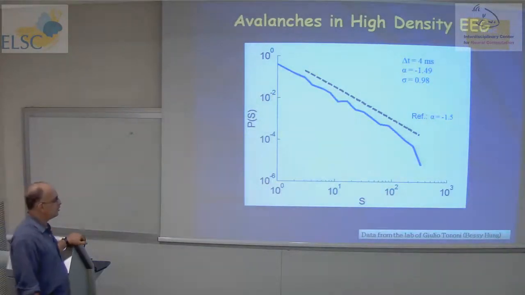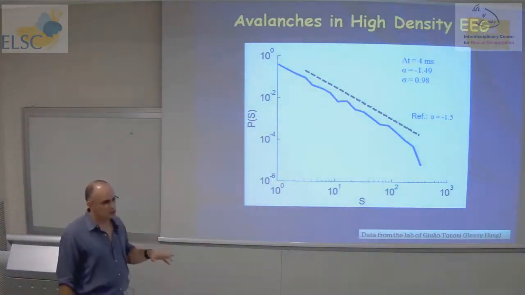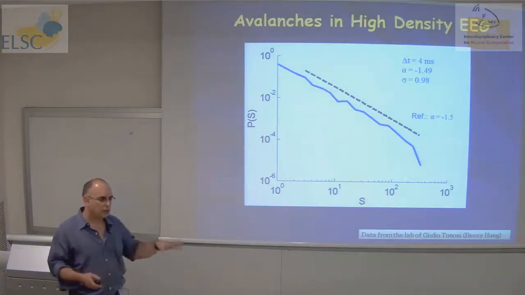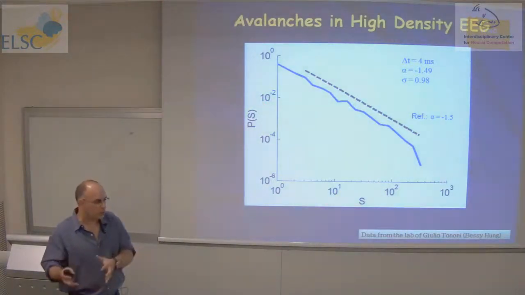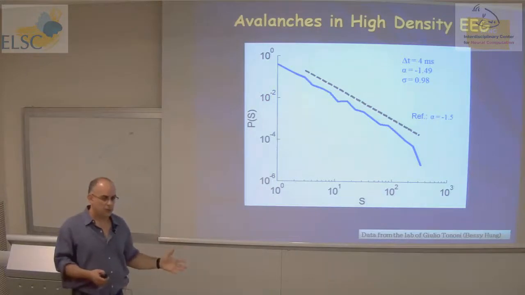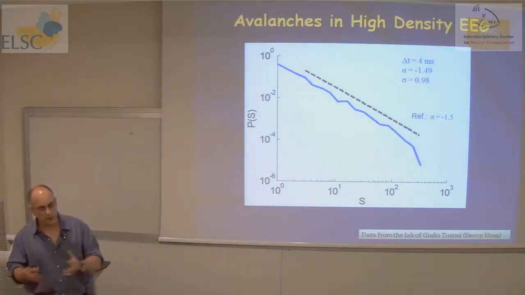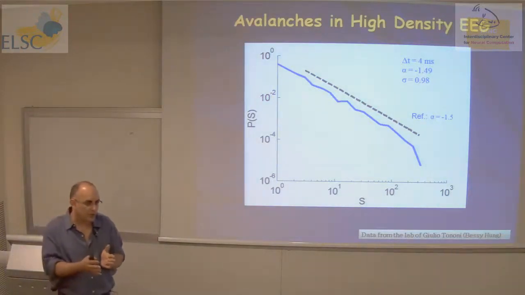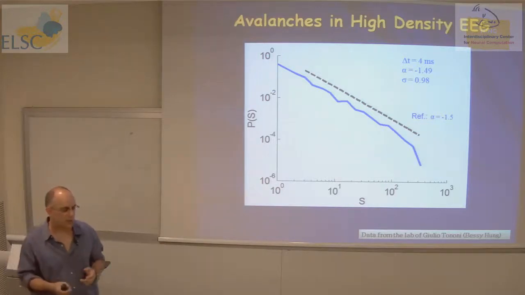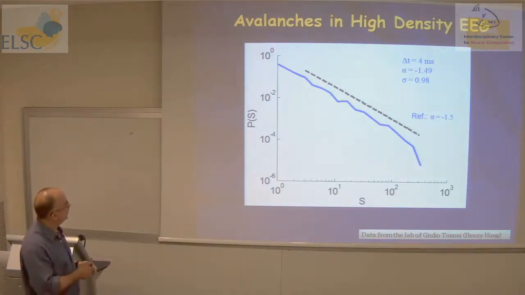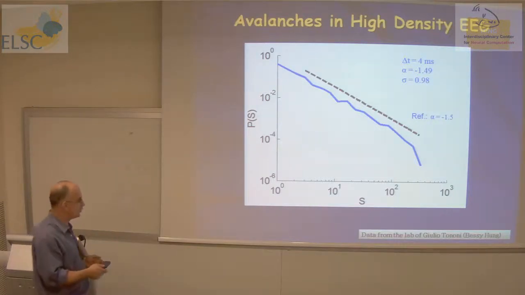So it's a very similar condition to the data sets I showed you now. I have 256 sensors compared to the 273. The sampling rate was 500 hertz, very close to the 600. So the minimal binwidth is 2 milliseconds. So if I take 4 milliseconds, I get very nice power laws with alpha close to -1.5, sigma close to 1.